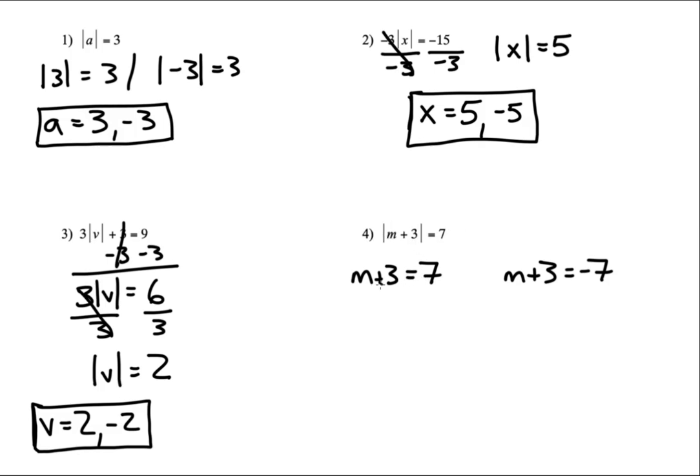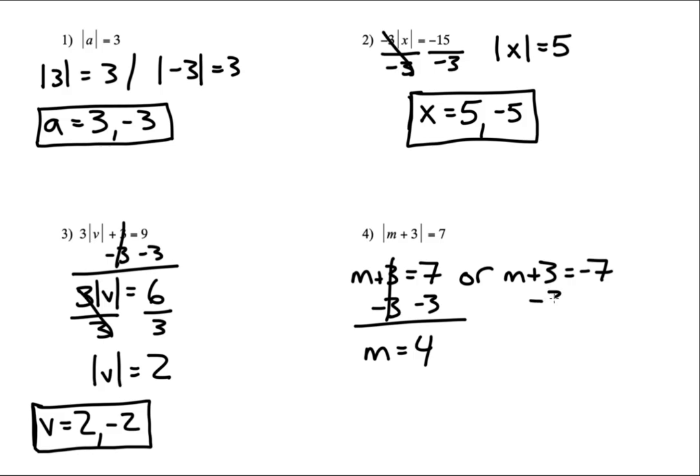So actually, I have to solve both these equations, because m plus 3 could equal 7 or m plus 3 could equal -7. So to solve these, I just subtract 3 from both sides, because balance tells me I need to subtract from both sides. So m plus 3, the opposite is -3. That disappears. So I've got m equals, in this case, 4.